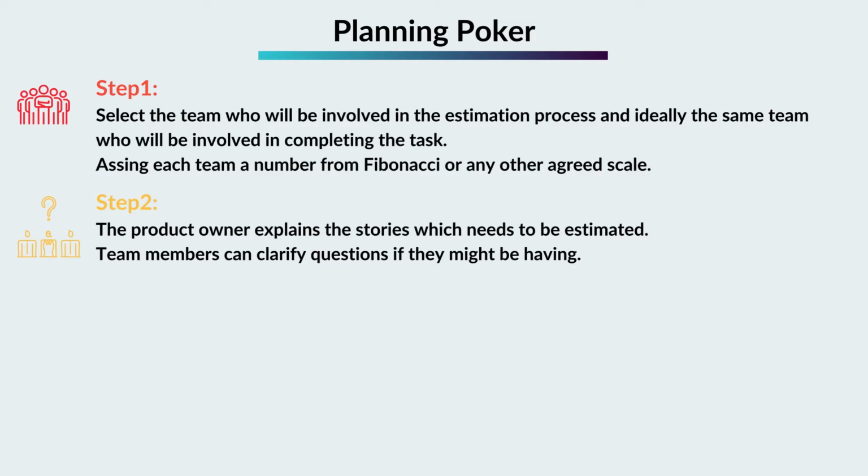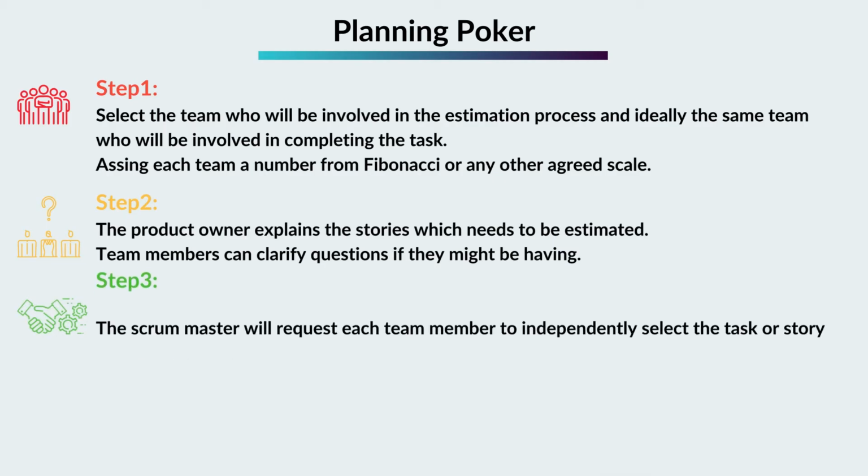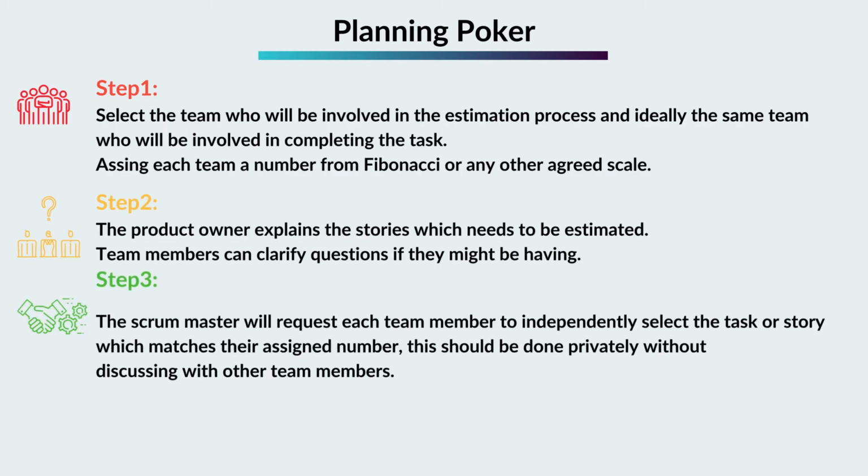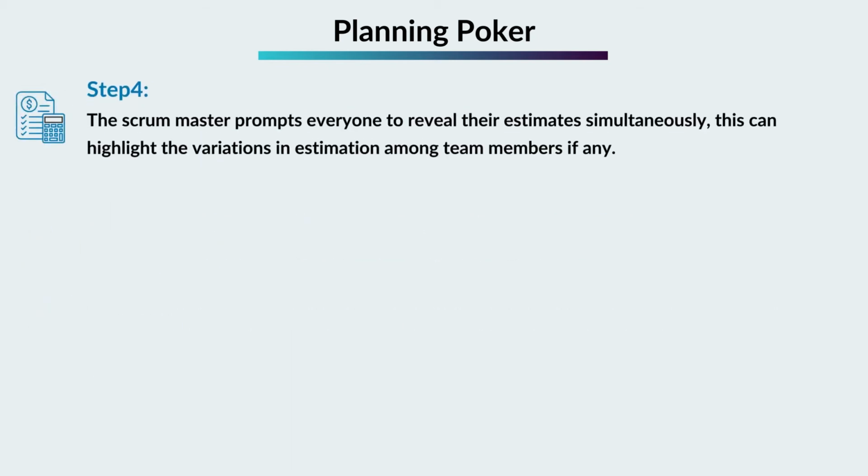Step 3. The Scrum Master will request each team member to independently select the task or story that matches their assigned number. This should be done privately without discussing it with other team members. Step 4. The Scrum Master prompts everyone to reveal their estimates simultaneously. This can highlight the variations in estimation among team members, if any. Step 5.